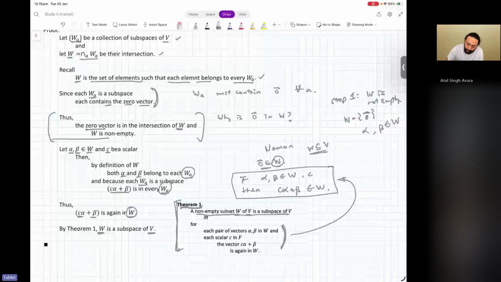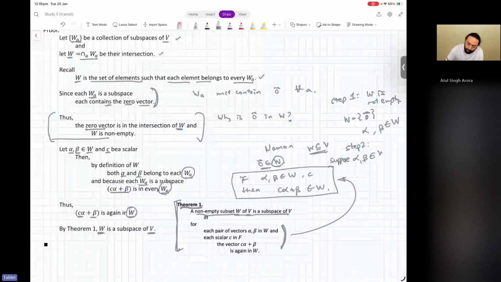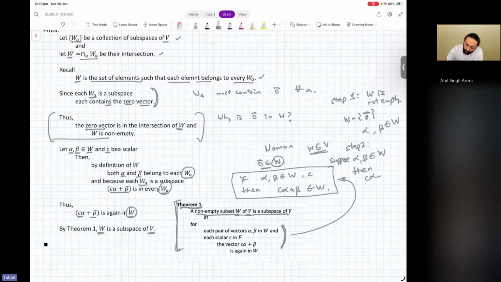So step 2 is saying, suppose that alpha and beta belong to W, so it's a premise, then we want to show that c alpha plus beta also belongs to W. If W is just a set of one element, then alpha and beta are just the same element.